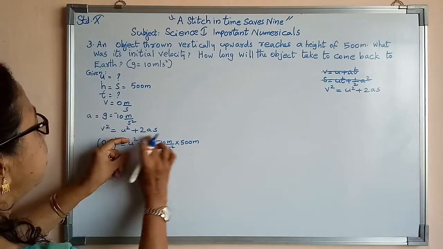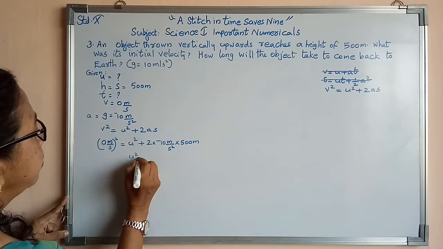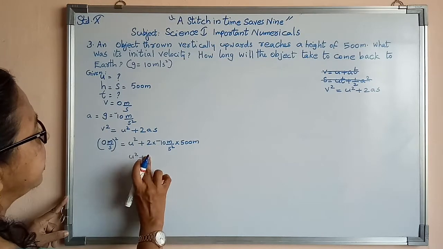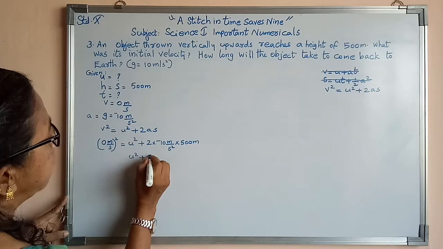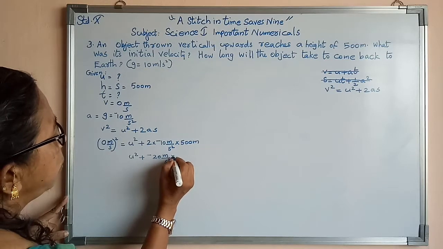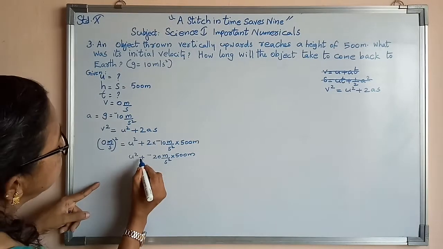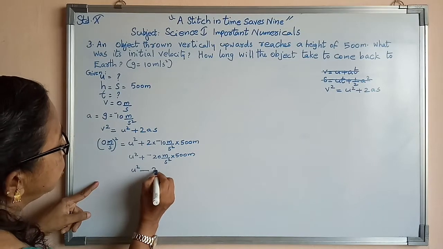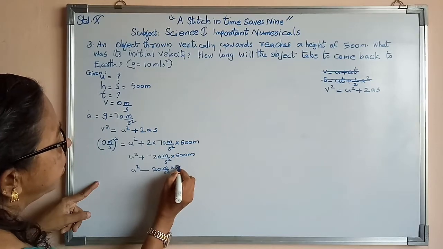So we will use only this part for solving this sum. So what is there here? u square plus 2 into 10. That means I am writing it now as minus 20. 2 into minus 10, that I am writing as minus 20 meter per second square into 500 meter. Now here plus into minus is there, so the value will be minus u square minus 20 meter per second square into 500 meter.